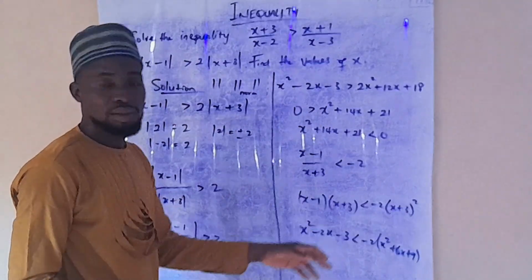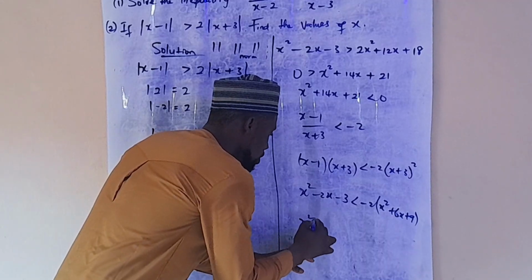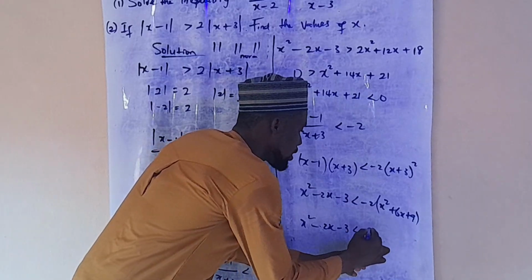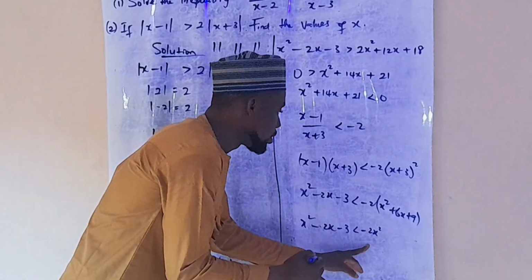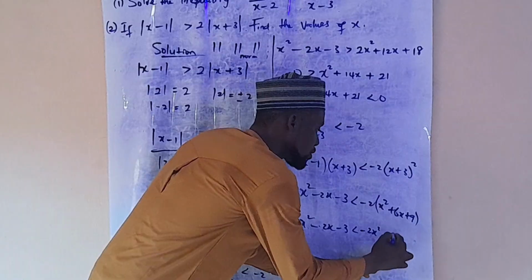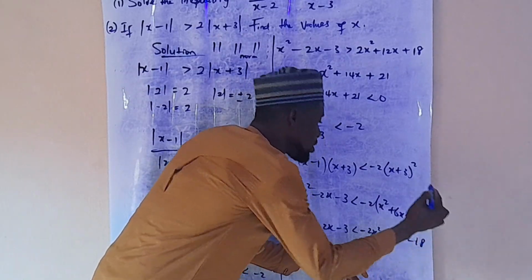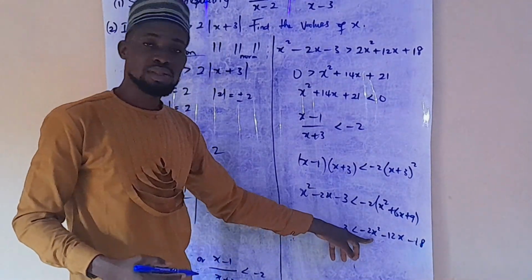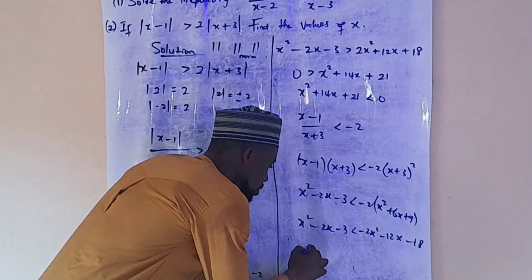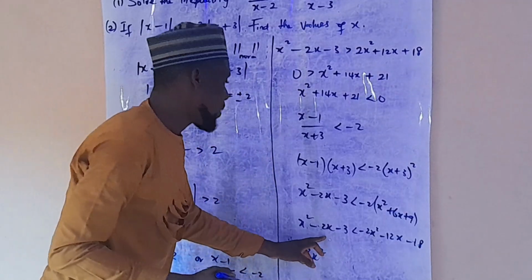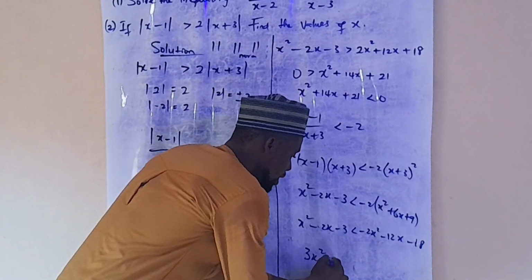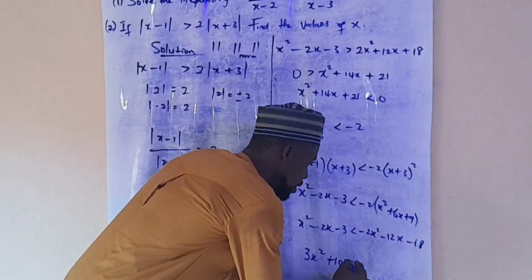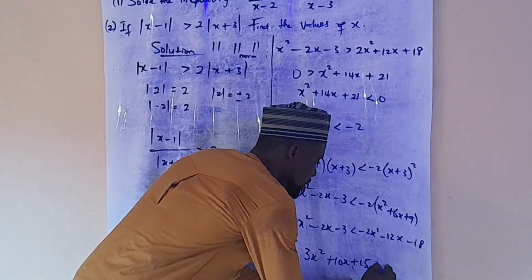Let's expand the right hand side and cancel out. x squared minus 2x minus 3 to be less than minus 2x squared minus 12x minus 18. Let's bring everything at the right to the left, because I want my x squared to be positive. That gives me 3x squared plus 10x plus 15 to be less than 0.